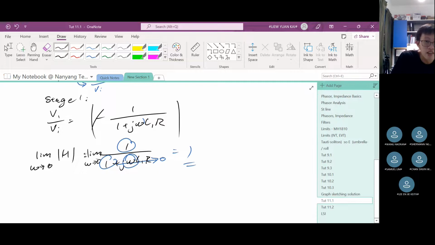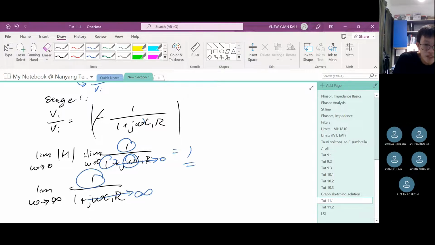Now we look at the high frequency limit. As omega goes to infinity of 1 over 1 plus j omega C1 R, this whole term approaches infinity, and 1 divided by infinity is equal to 0. 1 divided by a really big number is a very small number.